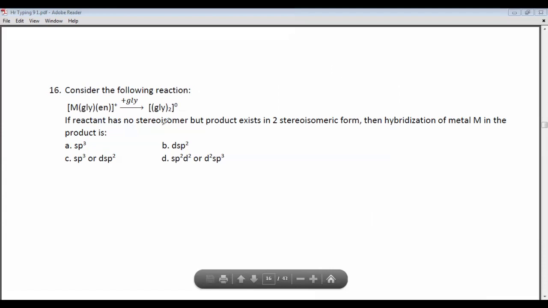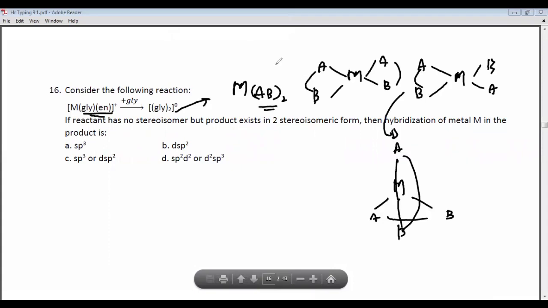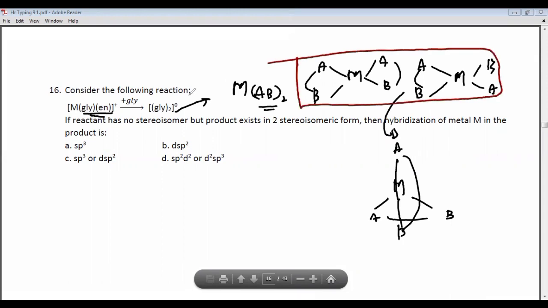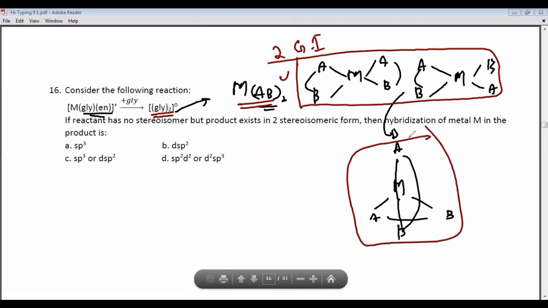Since the ligand is... actually we can expect the... if this is a square planar complex, if M(Gly)2 is an unsymmetrical bidentate ligand complex, MAB2, if this is a square planar complex, we can expect two geometrical isomers. And if this is a tetrahedral complex, we can expect two optical isomers. So here only the stereoisomers are mentioned.